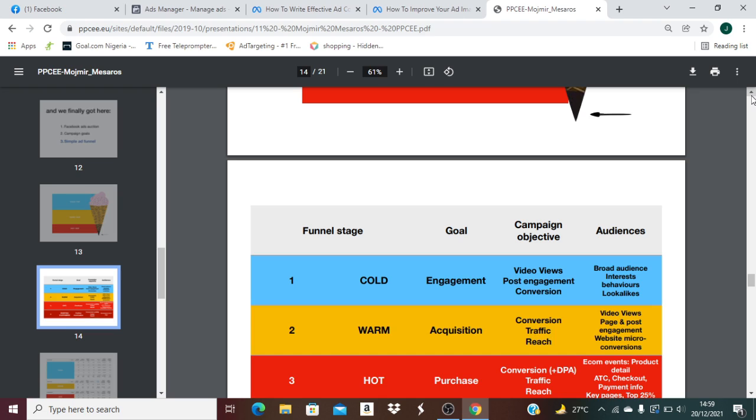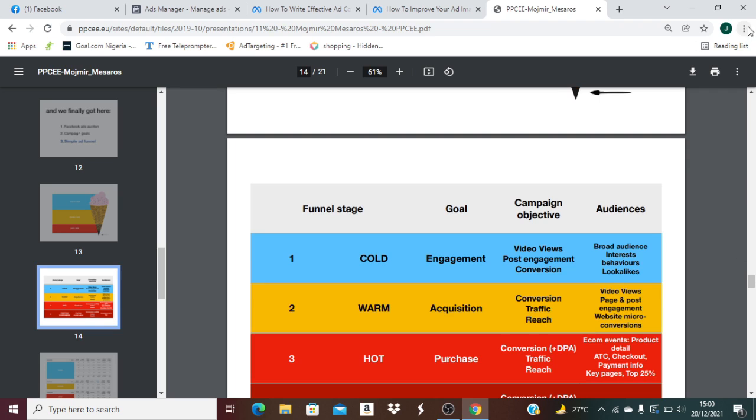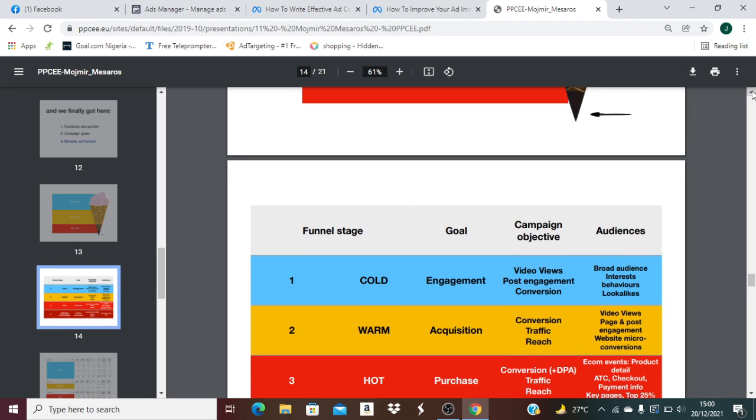You need to know the kind of objective and the kind of audience you need to be sending messages to. Running an advert for a cold audience is not the same thing as running an advert for a hot audience.